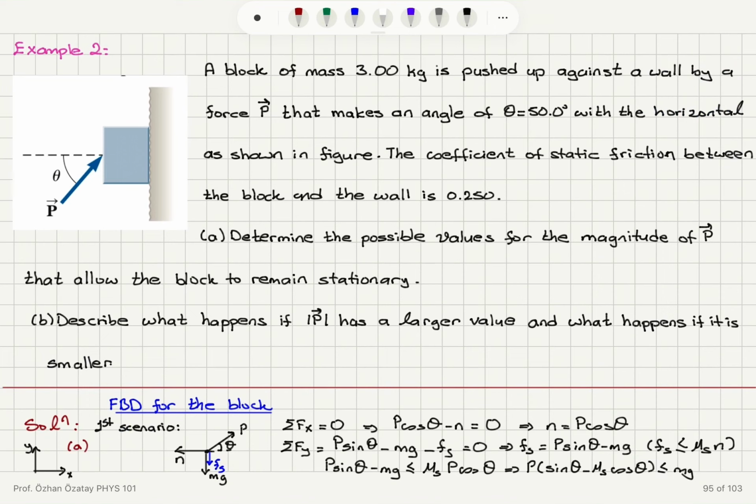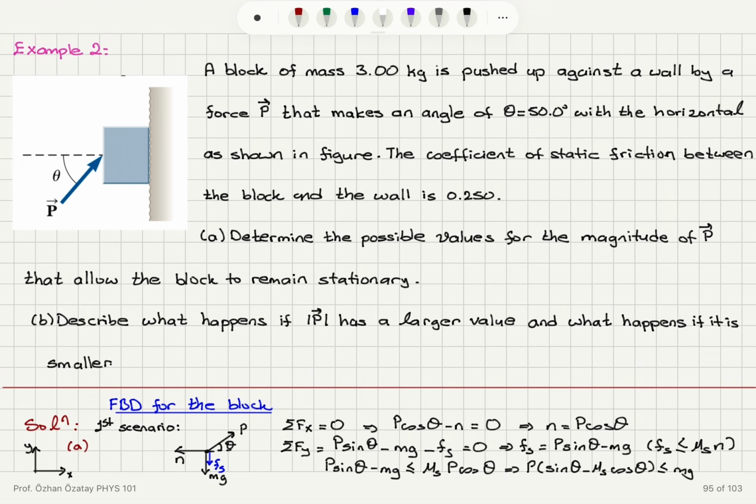We wanted to keep this block stationary with respect to the wall by applying a force P making an angle theta with the horizontal. We have considered two scenarios. One scenario where the friction force, static friction, will point down. This was first scenario.